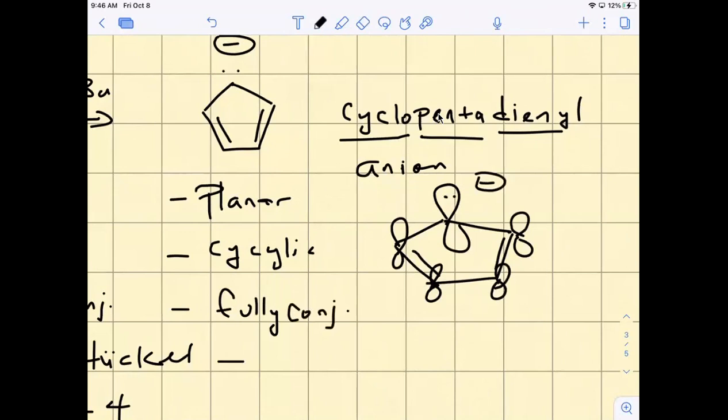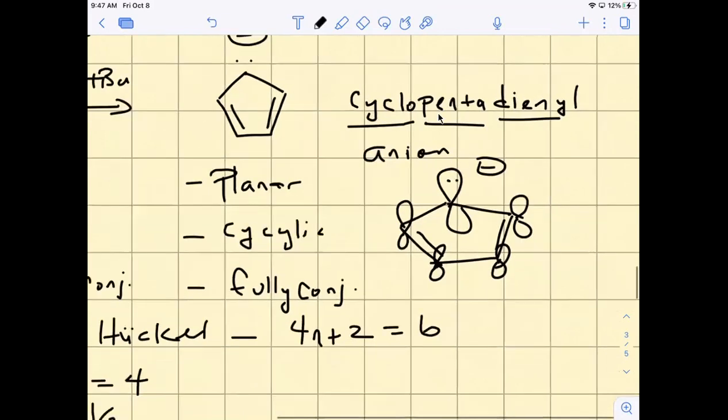And does it meet the Huckel rule now? Because that pair of electrons in that orbital now contributes to the overall number of pi electrons. So if you've got 2 pi electrons in each double bond, plus 2 in the orbital where the anion is, then 4n plus 2 is now what? 6 instead of 4. Is that right?